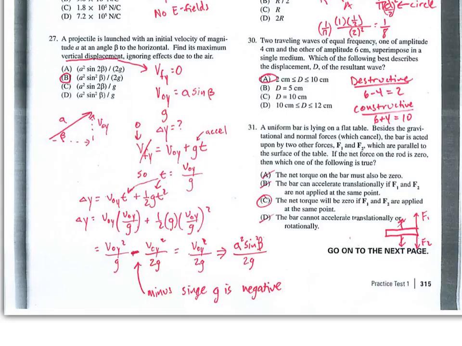So we use that equation to solve for it. Now we plug in v naught y over g for our time values. At this point it's literally a matter of substitution and multiplying things out. If you follow the steps, you can see that the final answer is a squared sine squared beta over 2g.